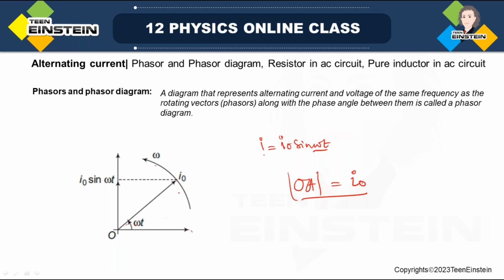Now this rotating vector has to be rotated anti-clockwise with the same angular speed as the alternating quantity is varying. Here omega is the angular frequency of variation of this current. So I have to rotate this vector with that angular frequency itself. If this is some omega 1, then I need to rotate the vector with omega 1 angular velocity.